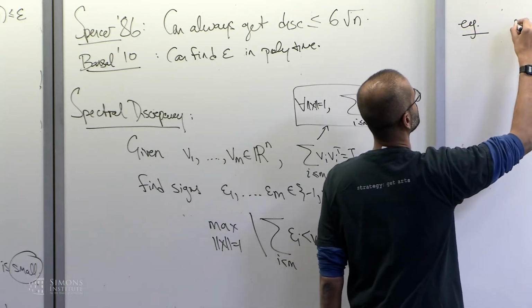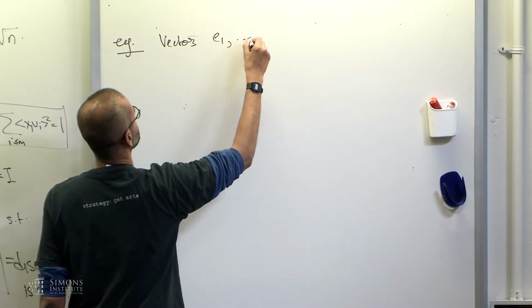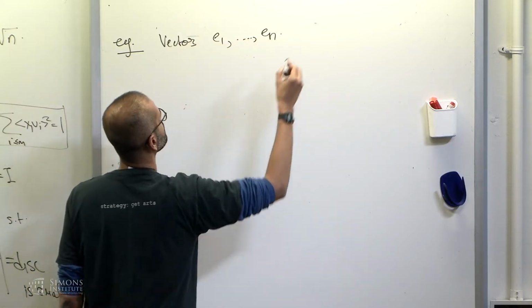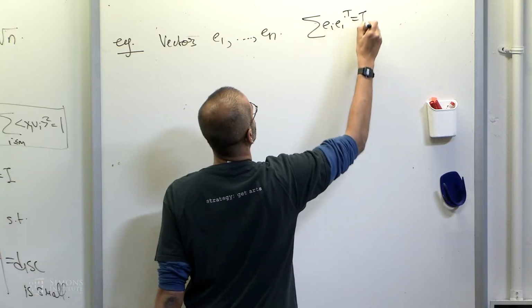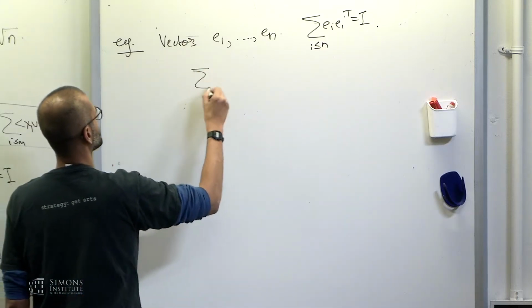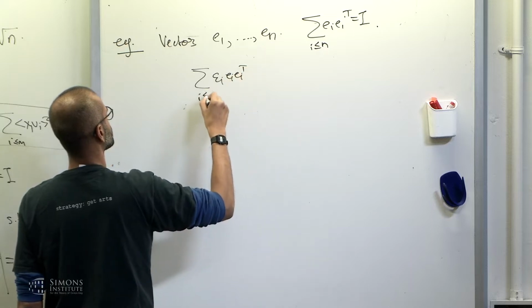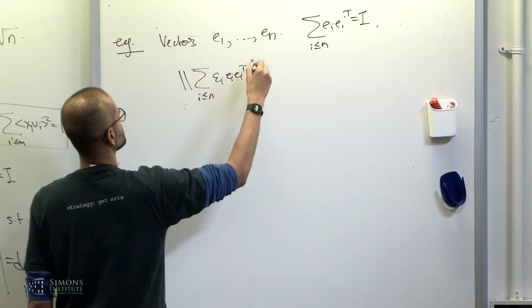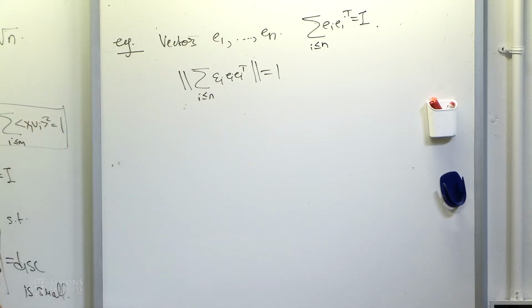Consider the example where you're given vectors that are just the standard basis. Certainly these have covariance matrix equal to the identity. But now for any signing, the norm is just 1, because this is a diagonal matrix with signs on the diagonal. Certainly this quantity is just a norm. Maybe I should write it this way.